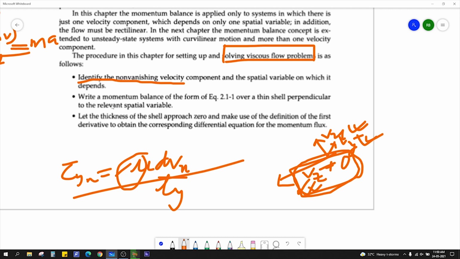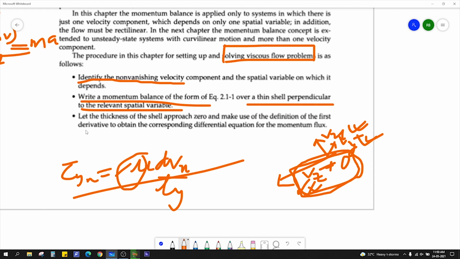Okay, now you have to write a momentum balance, using the above formula, as I told you earlier, over a thin shell perpendicular to the relevant spatial variable. So you have to use, according to the problem, the direction in which you are doing the balance.